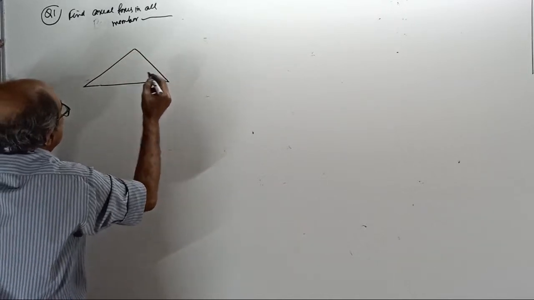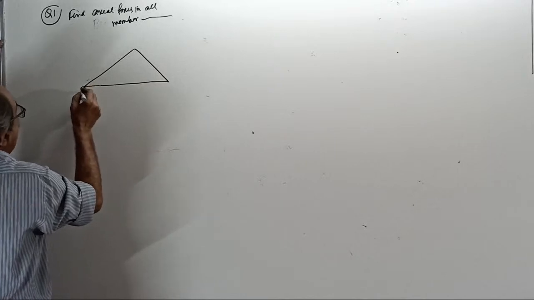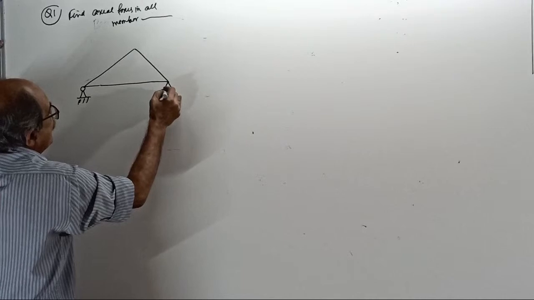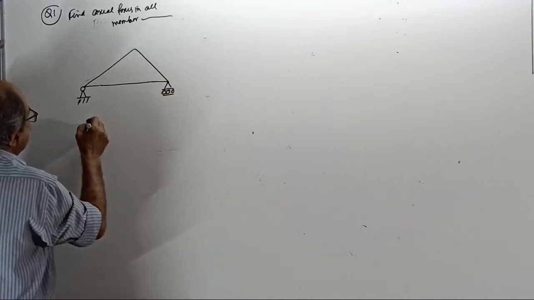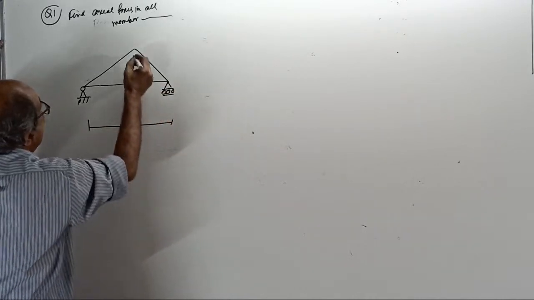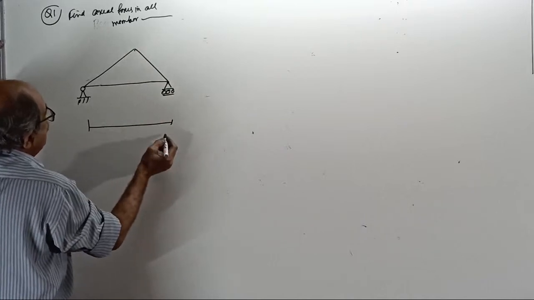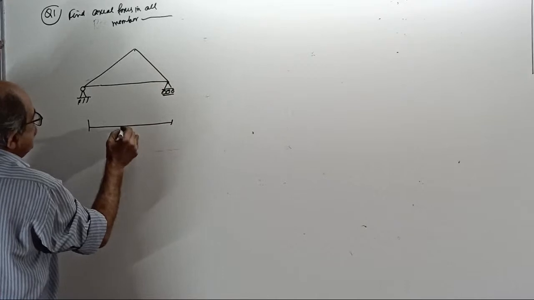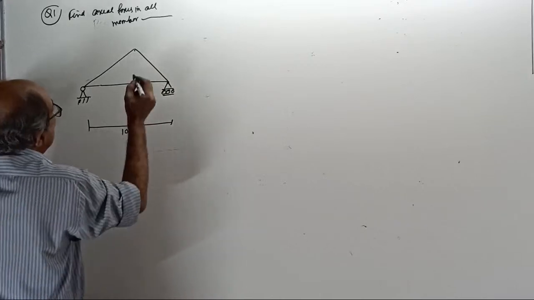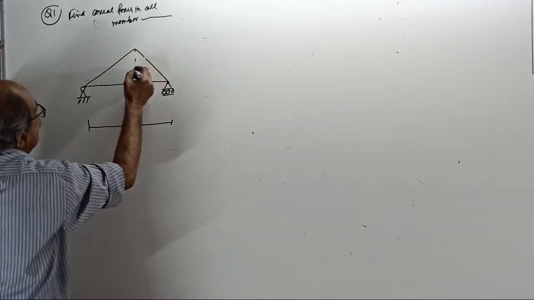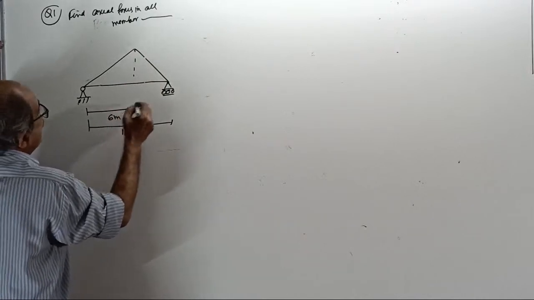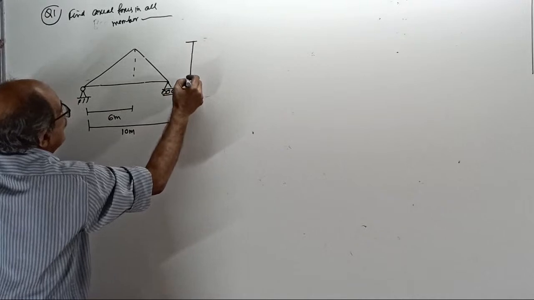One of the supports I will take as hinge here, the other as roller here. This span 6 meter, this span 10 meter. Then this distance I will take 6 meter, and the height I will take 3 meter.